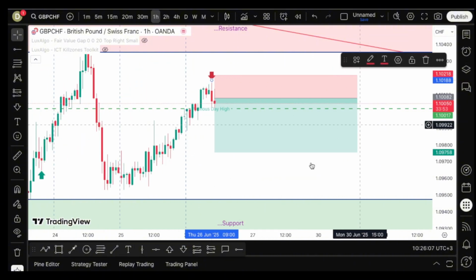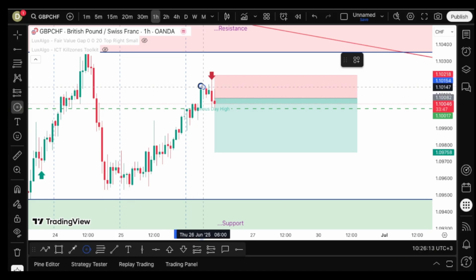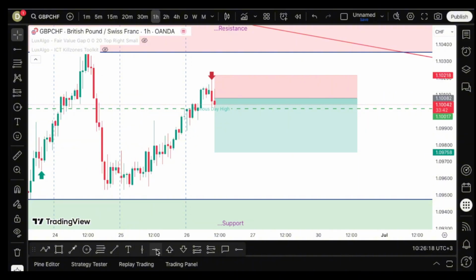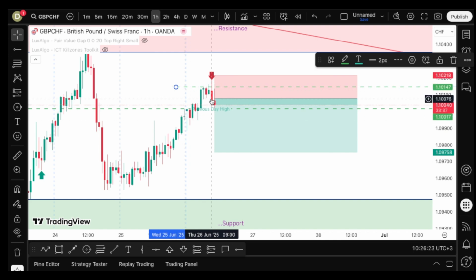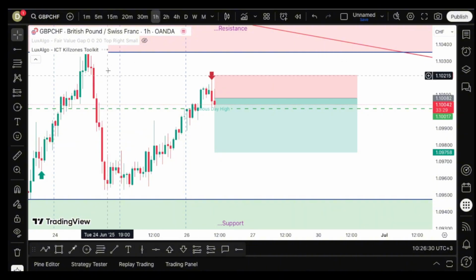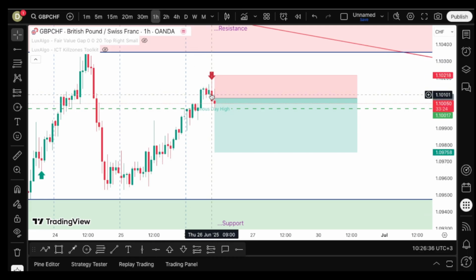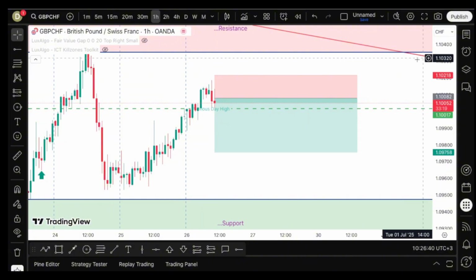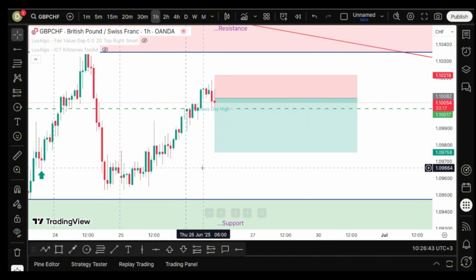What I wanted, when the market opens, was some form of sweep of liquidity, which was these highs here that had formed during Asia. Let me check it on the lower time frame. Then the price closed inside after the sweep with a bearish engulfing candle. That was my trigger to get into the market.